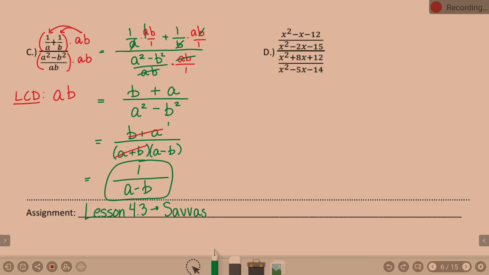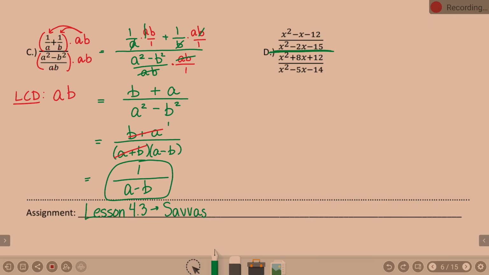What do I have here? I have, in my brain, one big fraction on top divided by one big fraction on bottom. Do you see that difference compared to the other three we've just done?